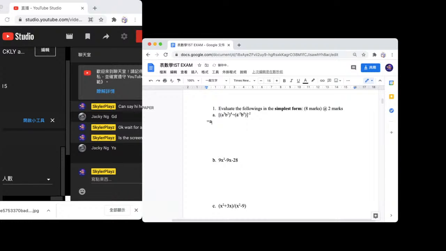First, we need to manipulate the bracket first. So it will become a to the power of 12, b to the power of 8, divided by a to the power of -3, b to the power of 0, bracket overall to the power of -2.